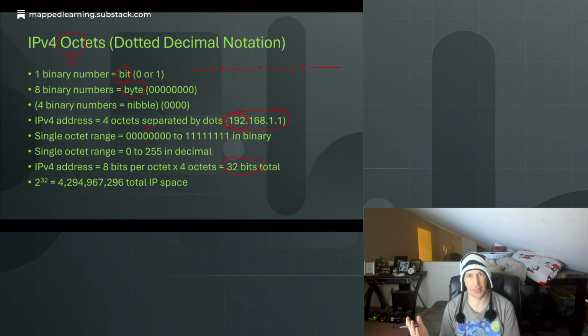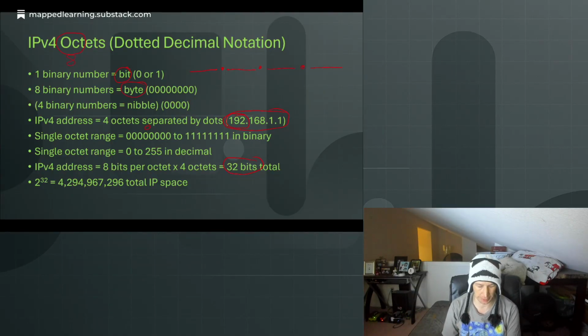Yeah, nobody knows that off the top of their heads like a calculator. So I used a calculator and got this number here. 4,294,000,000, and so on. That is how many numbers are available in the entire IPv4 space, starting from all zeros to all ones in every 32-bit scale.